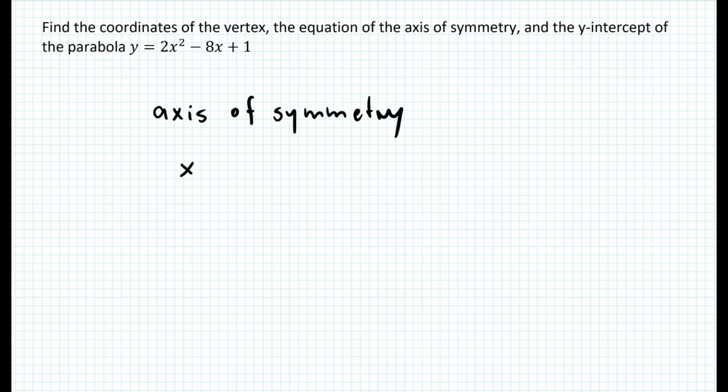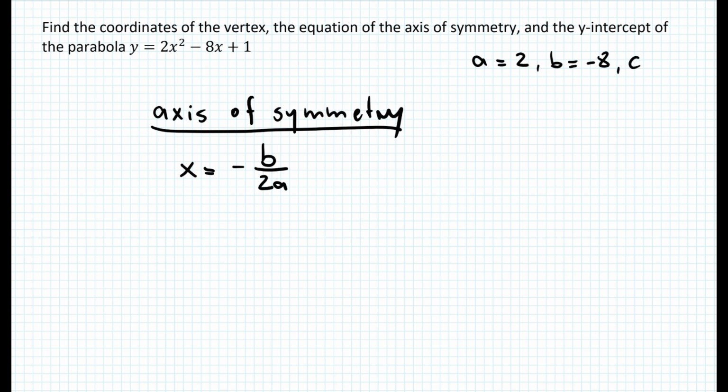Okay, then you write x is equal to negative b over 2a. Okay, so now you know from this original equation that the a value is equal to 2. You know the b value is equal to negative 8, and you know the c value is equal to 1. Okay, so these are the coefficients basically: the 2, the negative 8, and the 1.